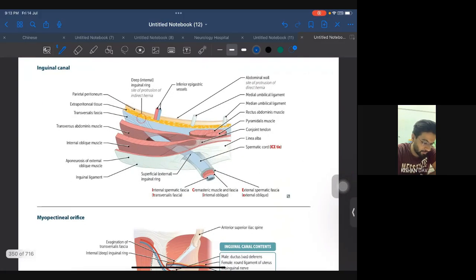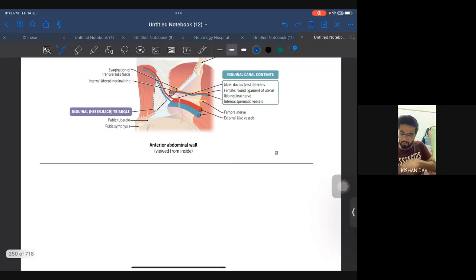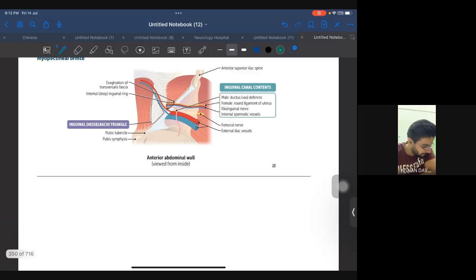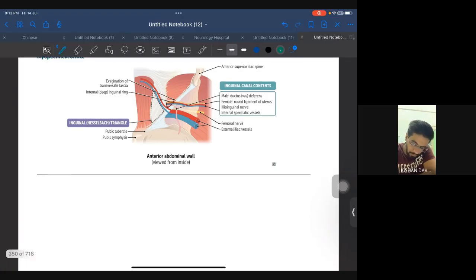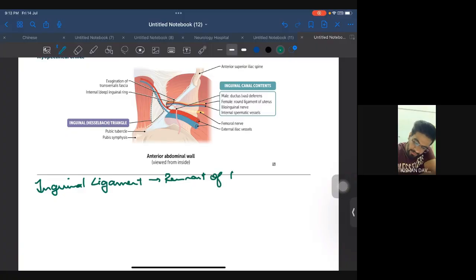Even in the inguinal canal, what they have asked is, I'll write down for you. Just remember that part. I'm writing it down, so just copy it. Inguinal ligament is a remnant of external oblique aponeurosis.